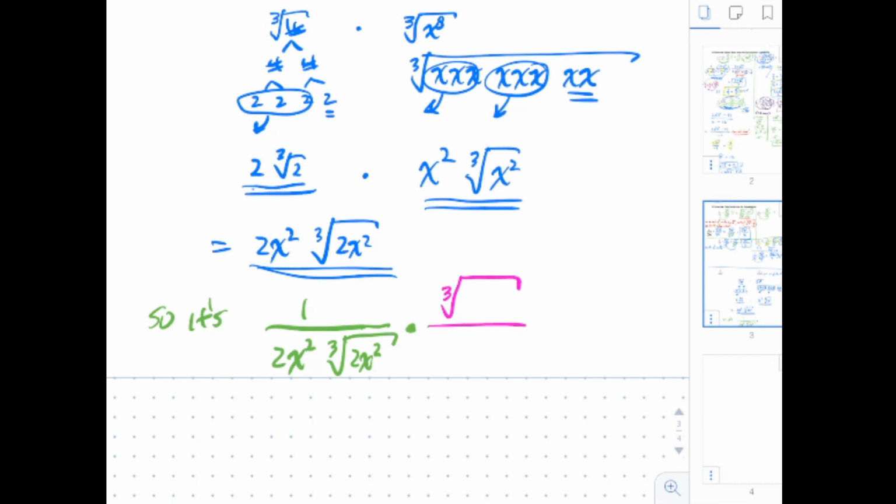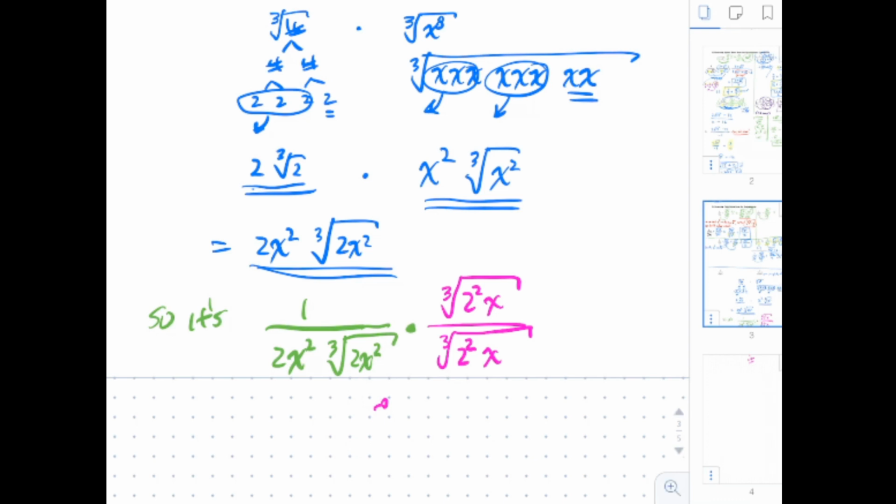Well, we're going to multiply top and bottom by the cube root of something, right? We need to build to cubes. 2 times what would give me 2 cubed? Well, 2 times 2 squared would give me 2 cubed. X squared times what? X squared times x would give me x cubed. So I'm multiplying the top and the bottom by cube root of 2 squared and an x.